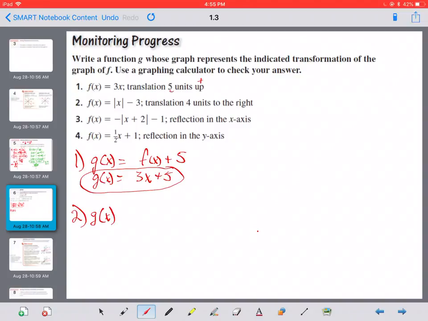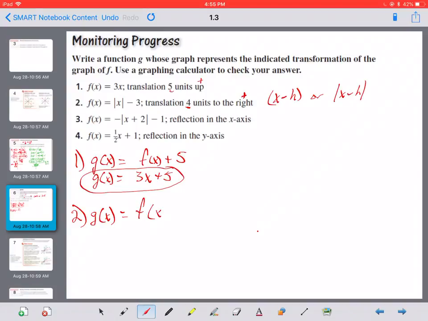Number 2. I need g of x to be f of x, but translated 4 units to the right. Right is positive. But what you have to remember is that inside with the x is where the h goes.